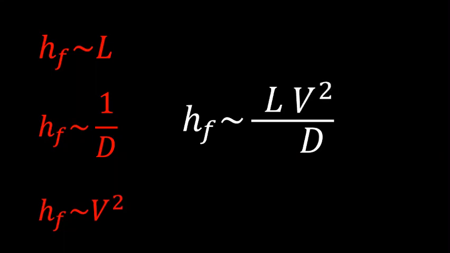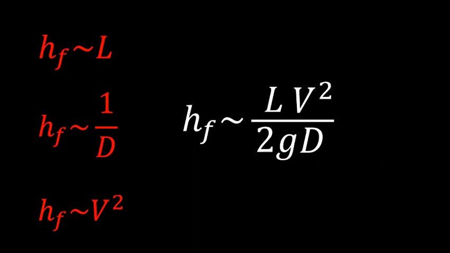Now remember, this squared velocity term relates to kinetic or velocity head, so we can add our constant 2g without changing the fact that head losses are proportional to the square of the velocity, as we saw before. So putting this all together, we have this relationship.